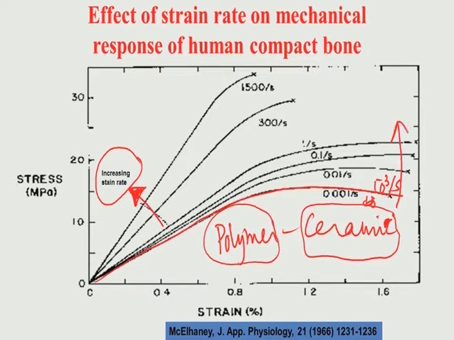Now, if you increase the strain rate, epsilon dot, in the next case 10 to the power minus 2, the stress strain response goes up. If you go to 1 per second, which means 10 to the power 0 per second, then what will happen? It still goes up. That means it still has a unique ability to exhibit deformation at a constant stress level over a larger strain range.